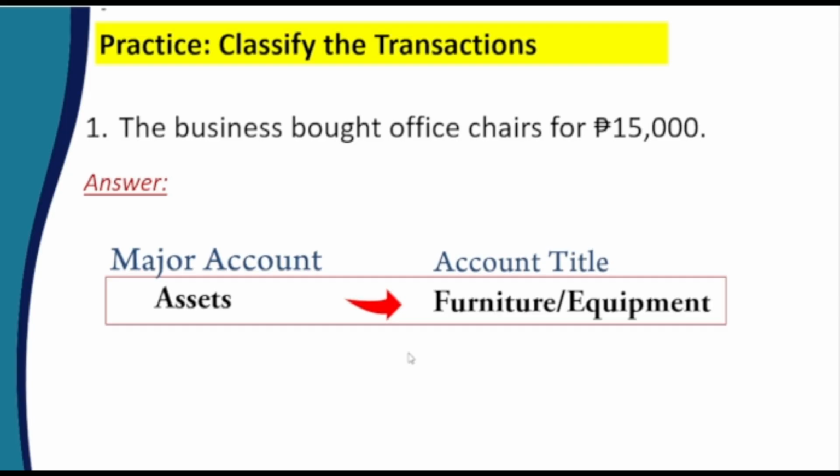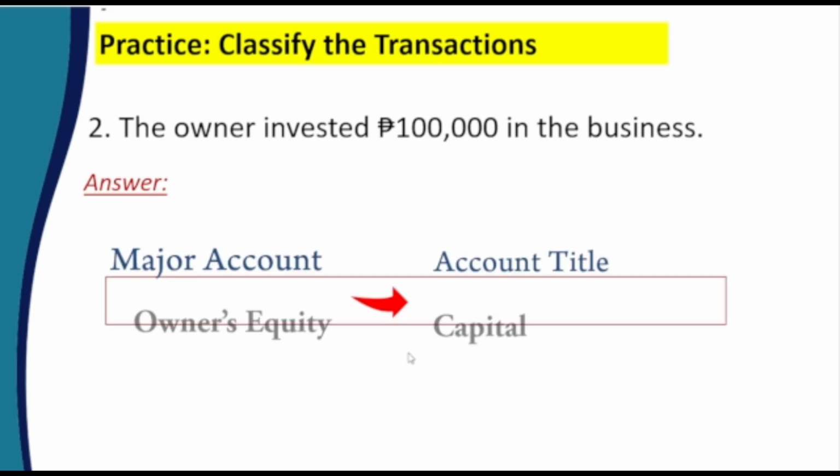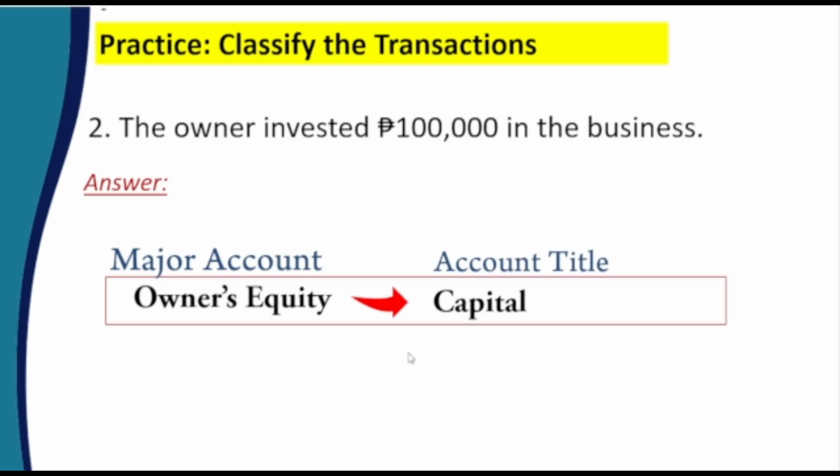Kasi ito yung standard kasi na ginagamit ng mga accounting, no? Next, the owner invested 100,000 in the business. So, ang keyword natin is invested. So, pag investment siya, ibig sabihin, under siya ng anong major account niya? Under siya ng owner's equity and capital as account title.